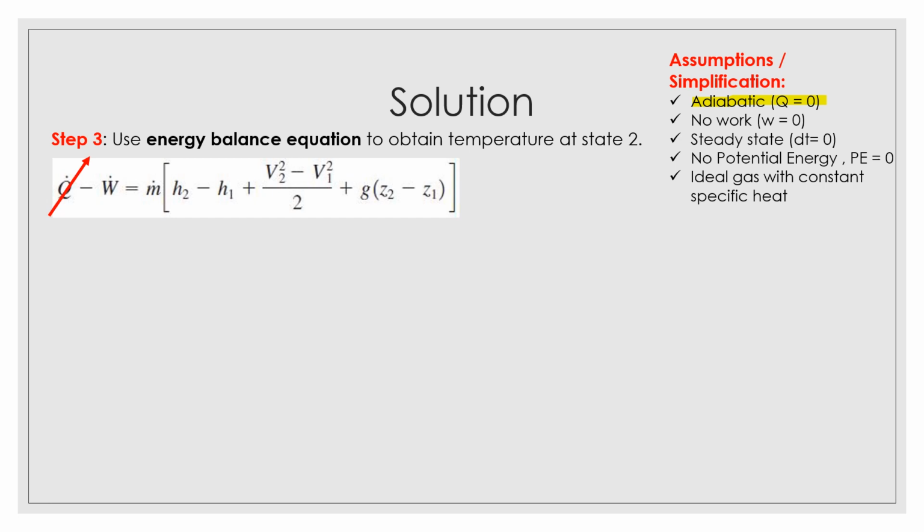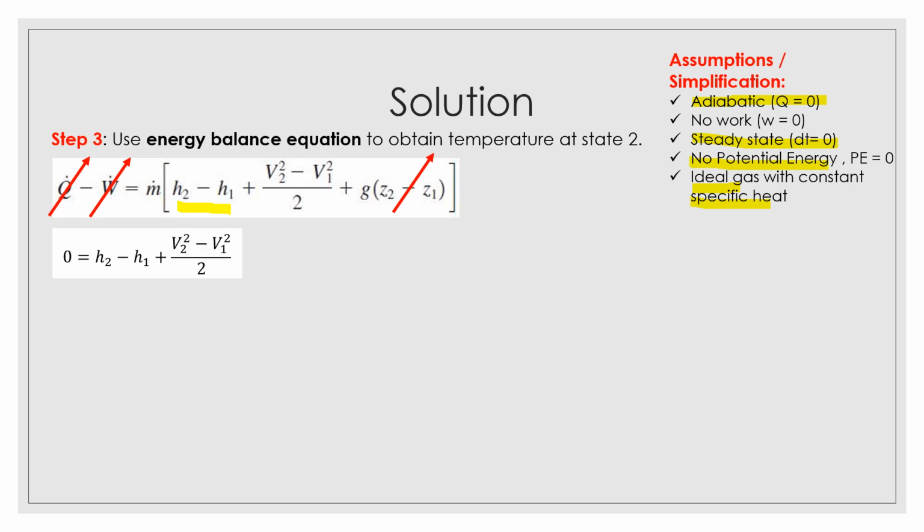And same goes to no work, meaning that work equal to 0. Steady state means we already used this information for the energy balance equation, which is dE/dt equal to 0, no change with time, so that energy in equal to energy out. Of course for the potential energy, there is no mention related to it, so we cancel out the potential energy part. And they mention the ideal gas with constant specific heat, so we will replace the enthalpy with the specific heat for the ideal gas condition.